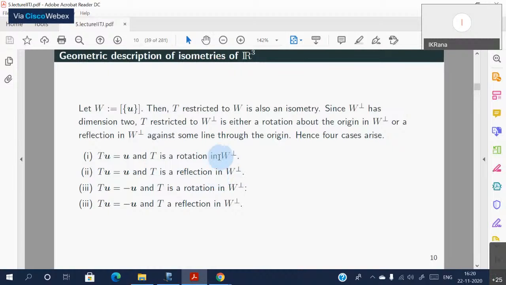So identity, rotation, identity, reflection. Here it is a reflection in the one-dimensional space, and here it is a rotation in W perpendicular, and a reflection, and then again a reflection in W perpendicular. So there are four possibilities for T to be an isometry.